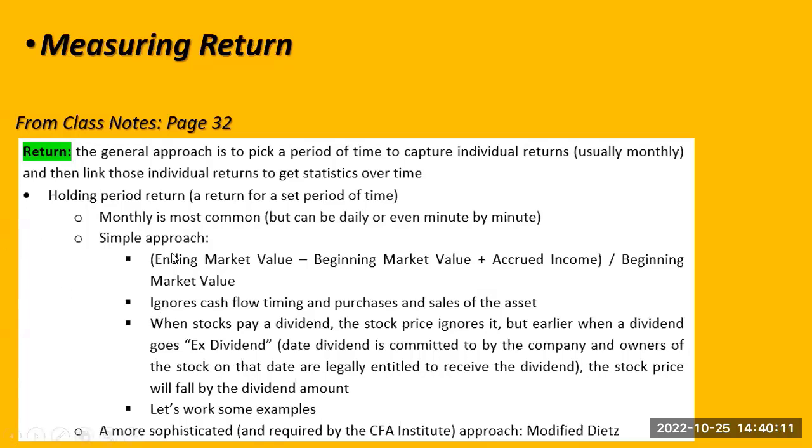So one problem with this formula is you notice it doesn't say anything about purchases and sales. So what if you had 1 share at the end of last month, but on the 20th this month, you bought 1 million shares? That would be important, wouldn't it? That's kind of a big impact. This completely ignores it.